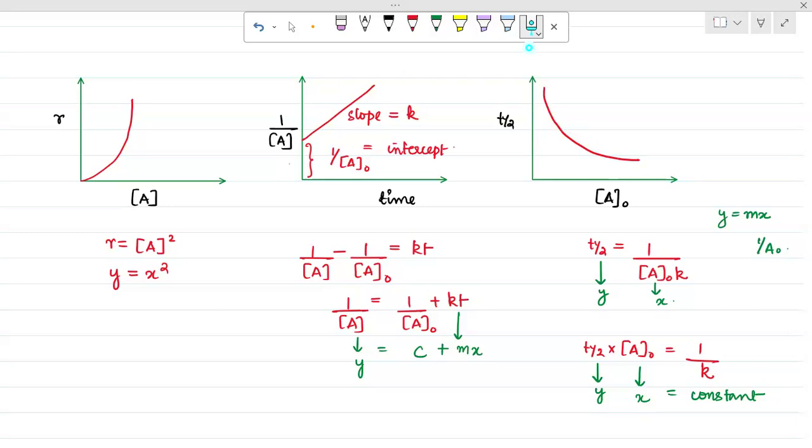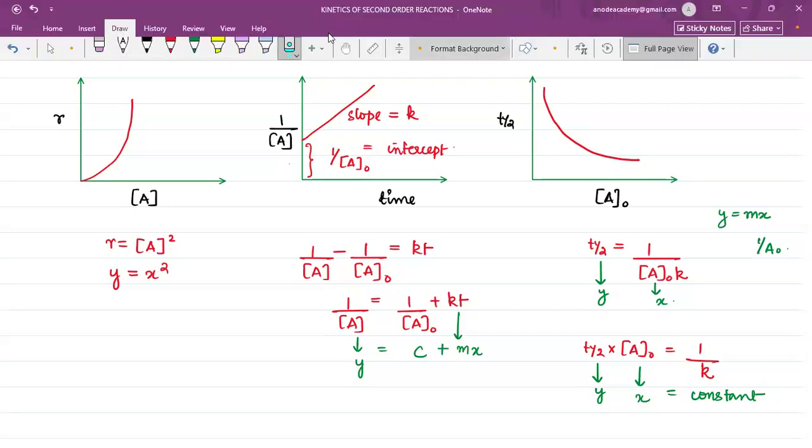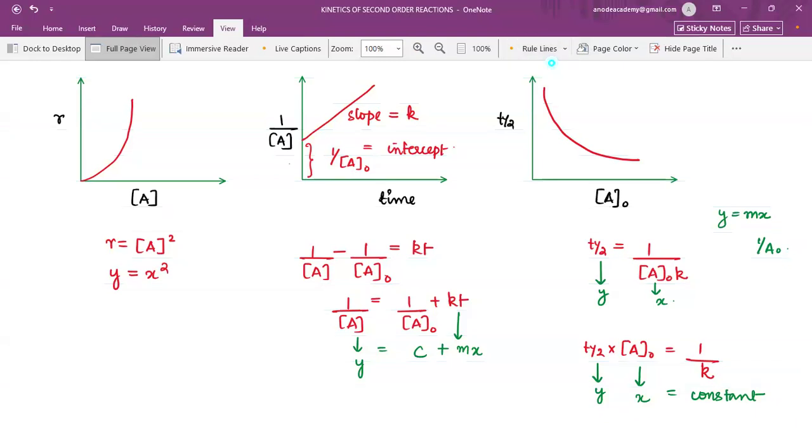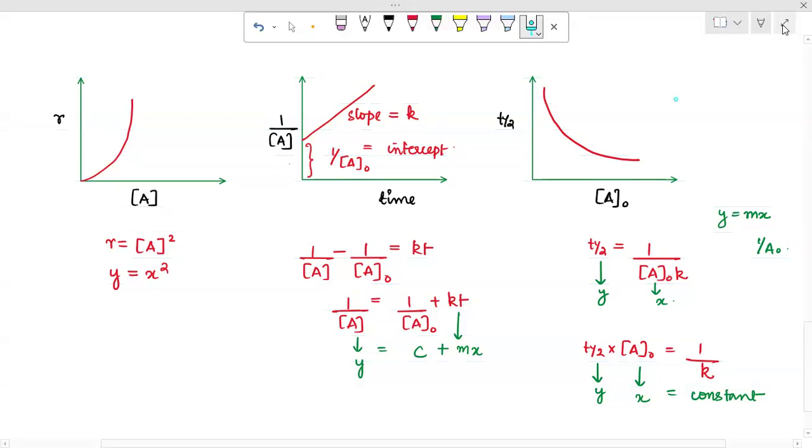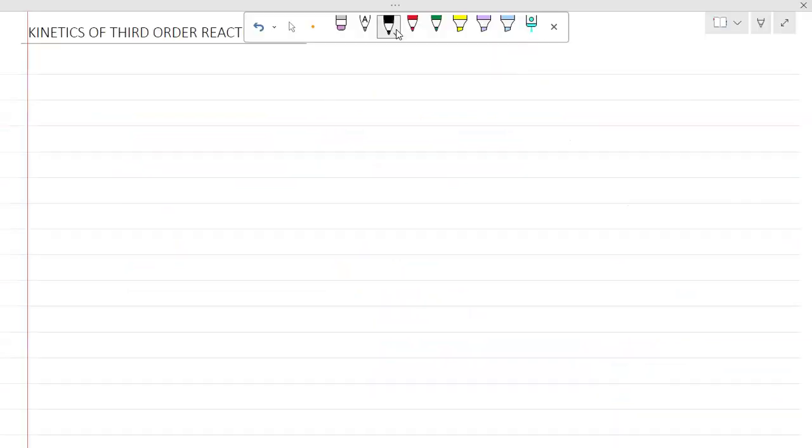We do have time. Note down the next heading, third order kinetics. Third order kinetics. Very easy. Kinetics of third order reactions. Let's begin. So how do we start? A will give products, correct?